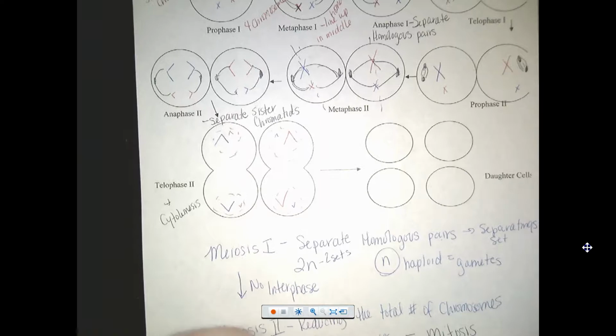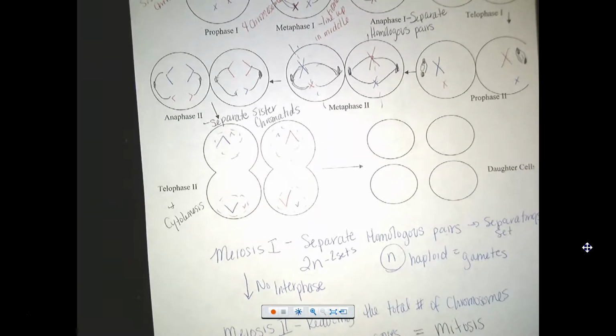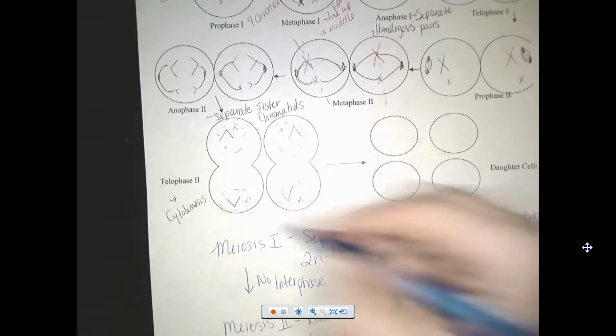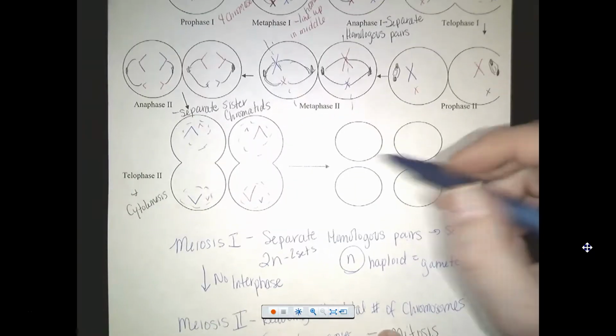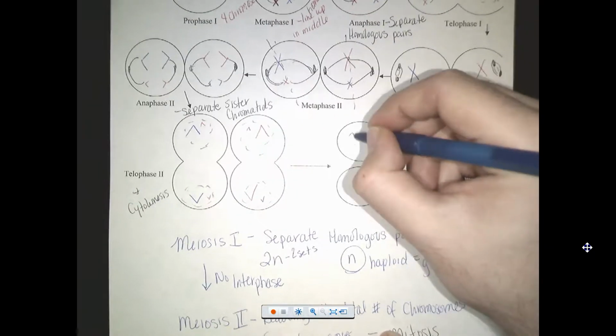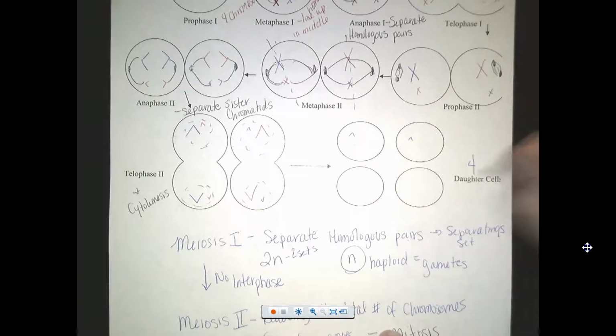Our DNA starts to do what? Start to unravel, right? Our DNA is already replicated. We don't want it to replicate anymore. We don't need extra copies. So we've got our cells starting to separate, cleavage furrows are forming, and in the end, how many daughter cells did we make? How many are here? 4. We have 4 daughter cells.